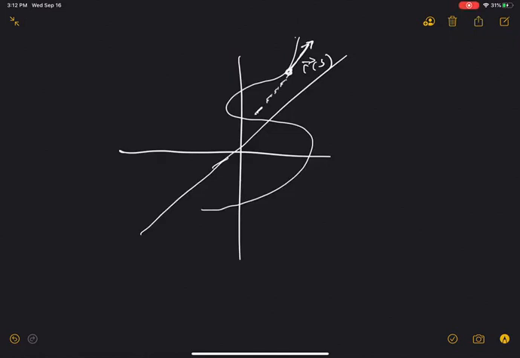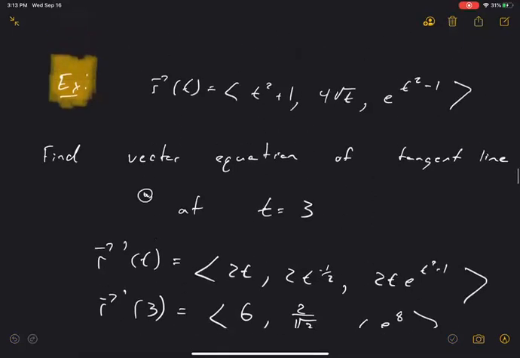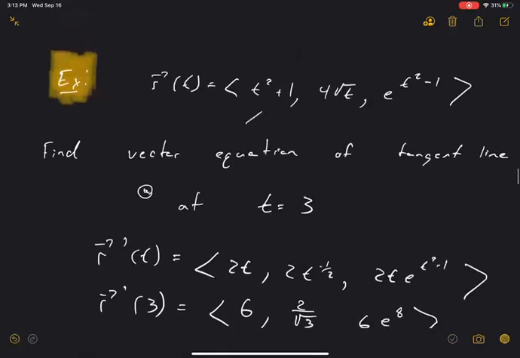I need a point on this line. Well, I know that this point, which is on the curve, is on that line, right? That tangent line touches this curve at just this point. So r of 3 is on my line. So how do I find r of 3? I'm going to take 3, I'm going to plug it into my original equation.